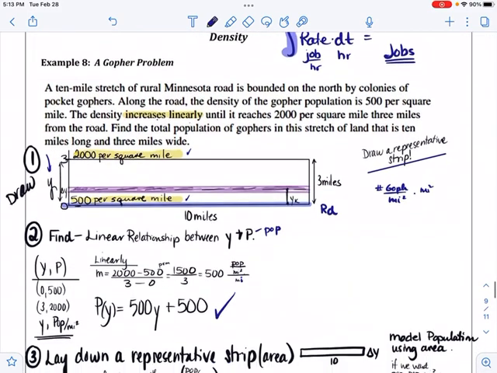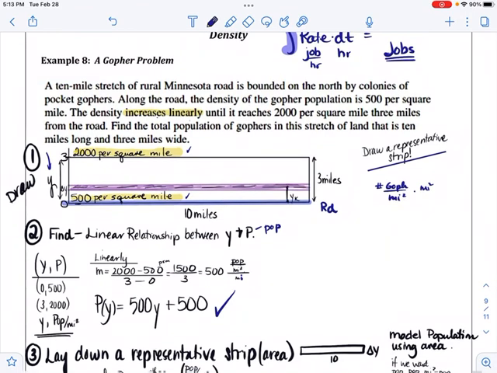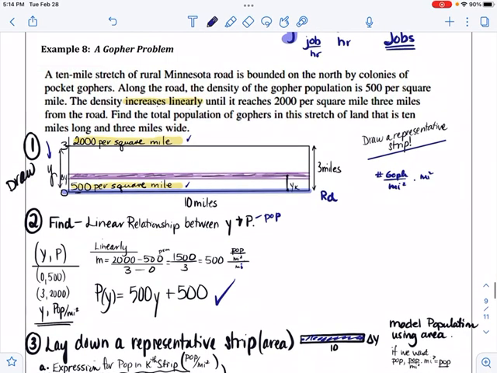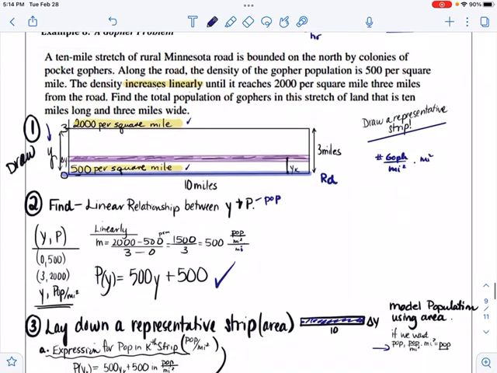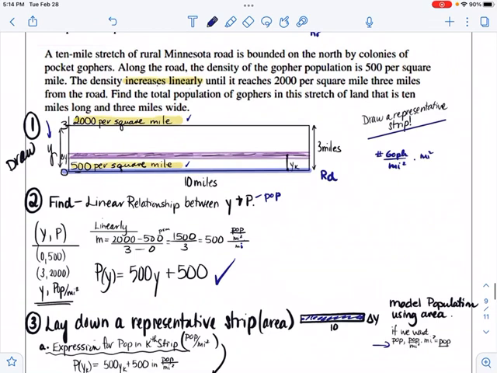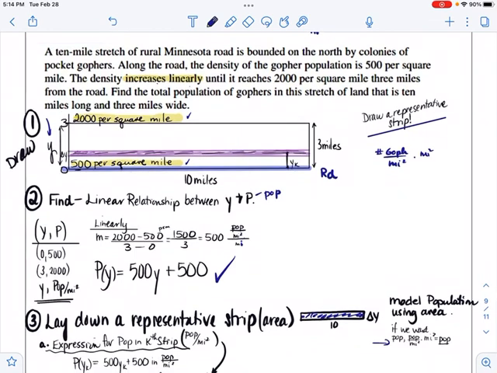So now we lay down a representative rectangle. In that representative rectangle, we're going to model the population using area. Here you see I use the units again. We want population, so population per square mile times square miles is going to be population. We need an expression for the population in this kth strip.